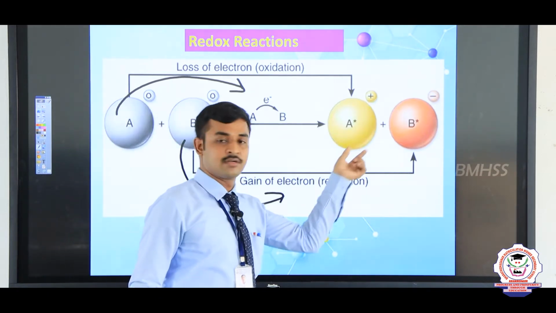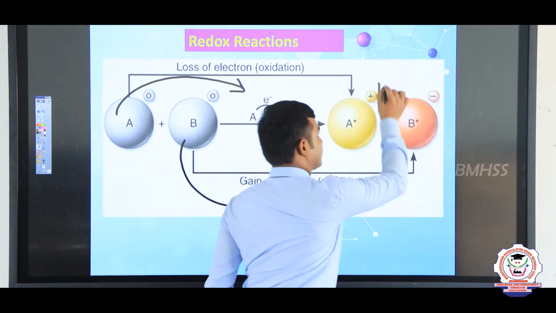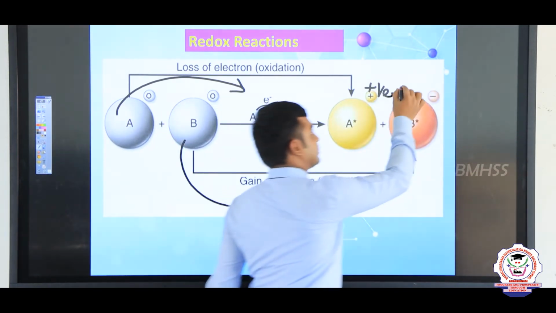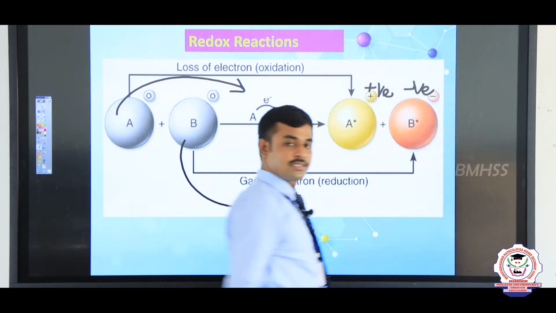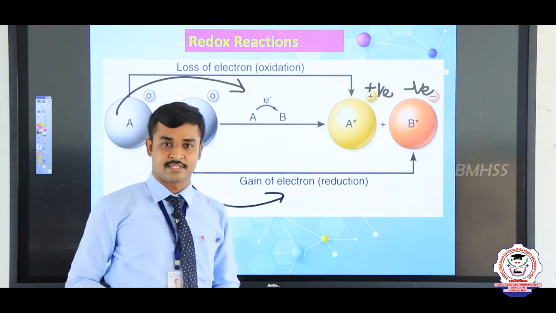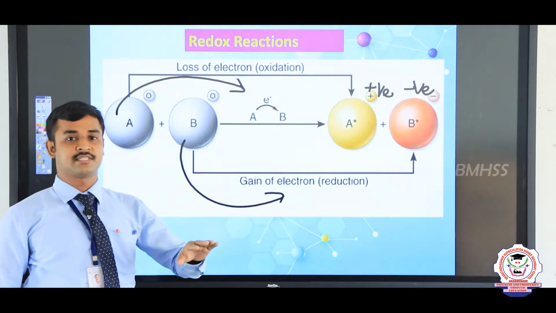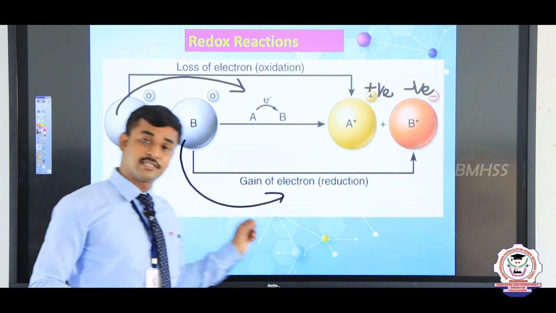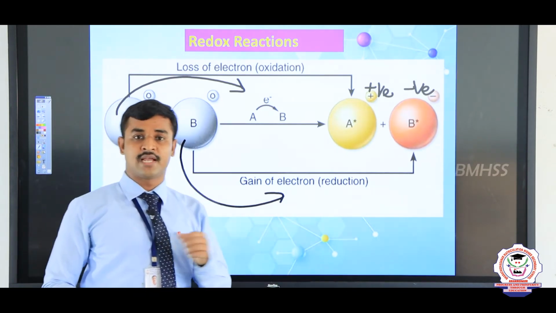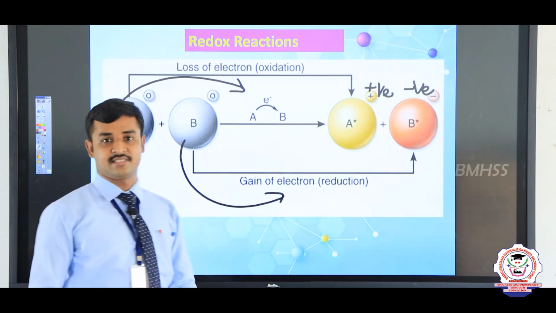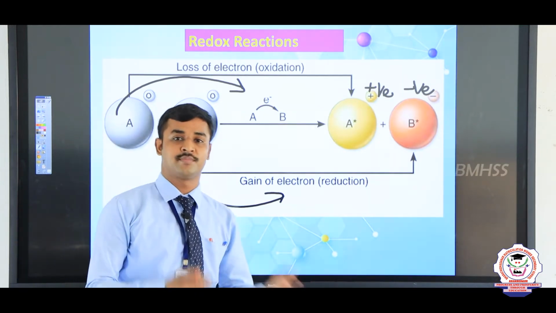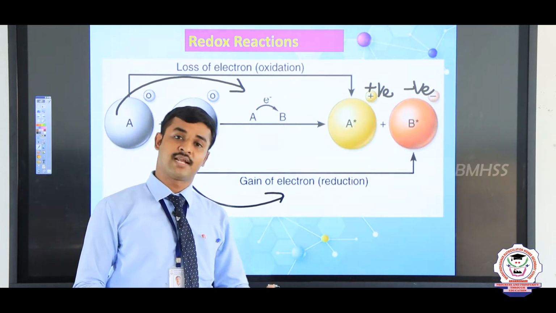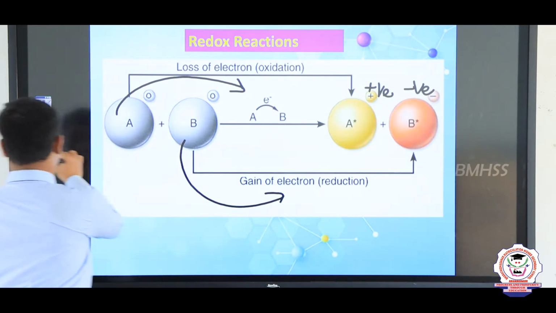After losing an electron, A attains a positive charge and B, after gaining, attains a negative charge. See that in a single reaction, both oxidation and reduction take place simultaneously. So, this is a redox reaction. How can we balance this equation? For balancing this, we can use the ion electron method. Let us see.